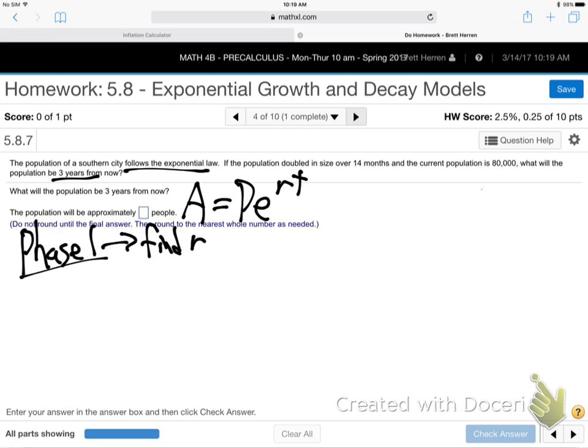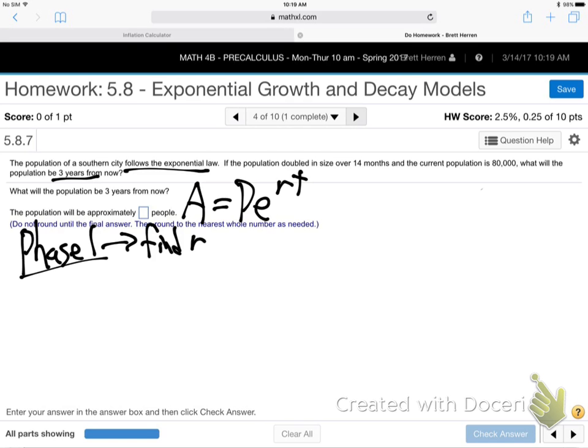Double in size in 14 months. Double in size.